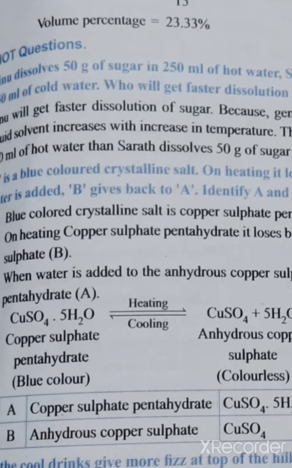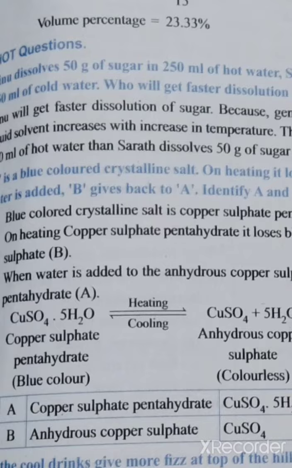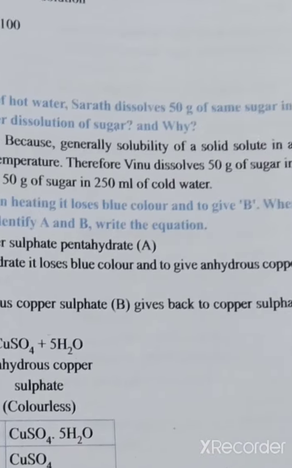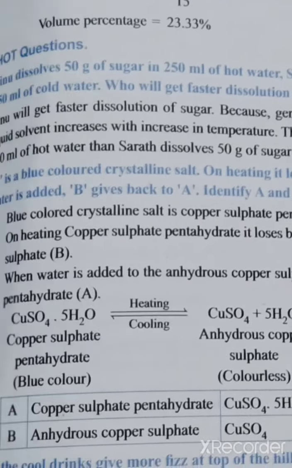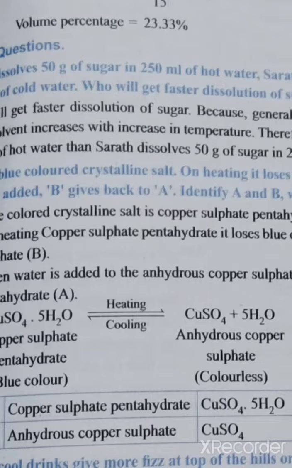Then B. On heating, what will take place? Whenever we heat this type of hydrated salt, the water molecules are going to escape, to be removed. So on heating copper sulfate pentahydrate, it loses the blue color and gives anhydrous copper sulfate, CuSO4 without 5H2O, that is anhydrous, without water molecules.